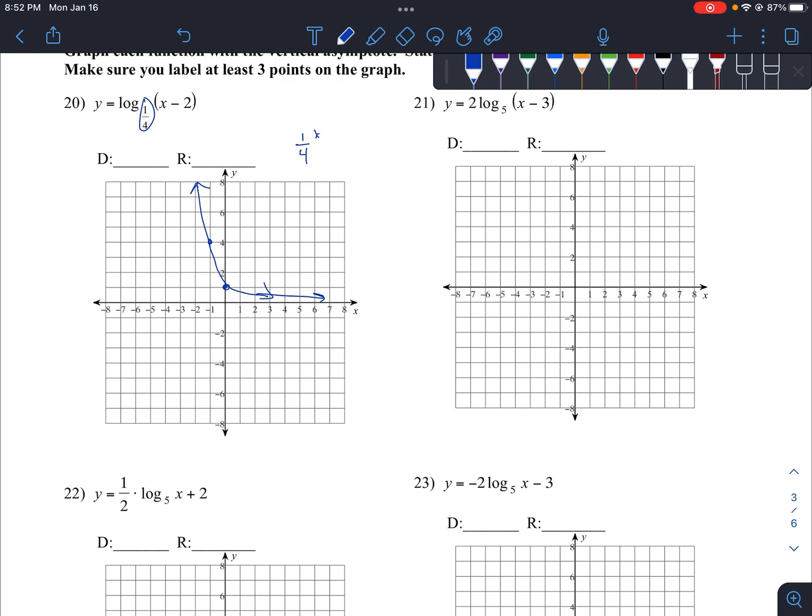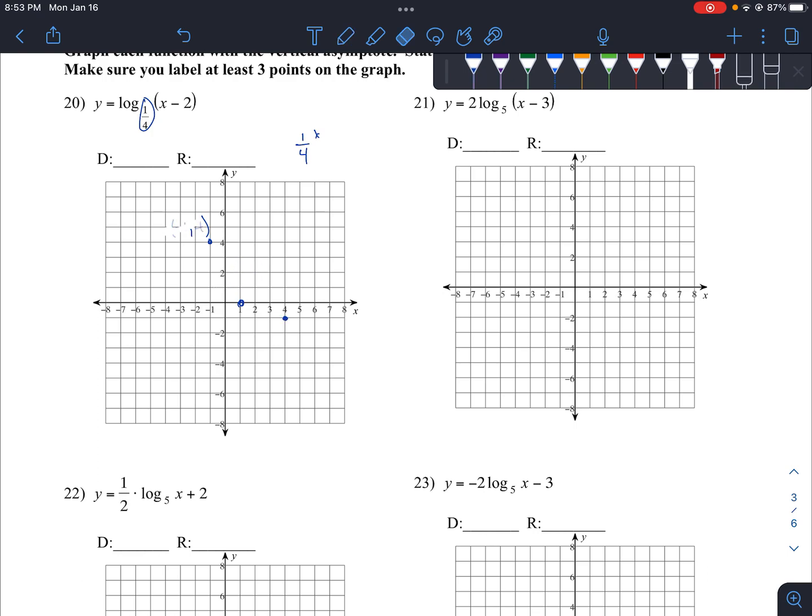Now, because it is a logarithm, the points will be inverse, will be flipped. So this is the point -1, 4. This is the point 0, 1. So that means that its logarithmic function will have the points at 1, 0, and at the point 4, -1. So 4, -1. So right here.